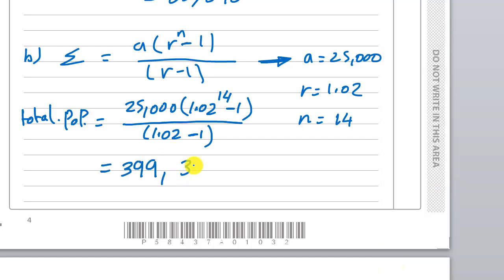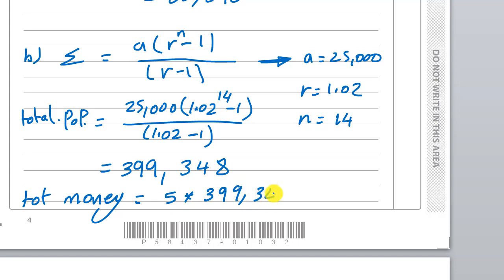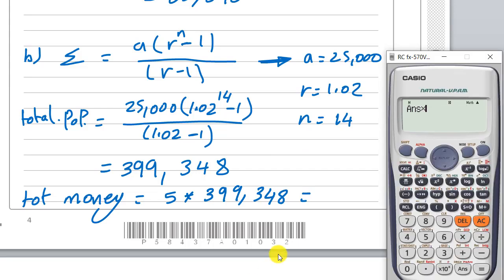That gives 399,348. Now total money is equal to 5 multiplied by 399,348. Let us multiply by 5, which gives 1,996,742.